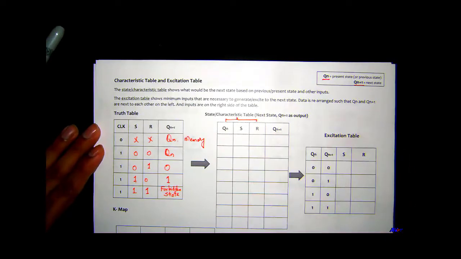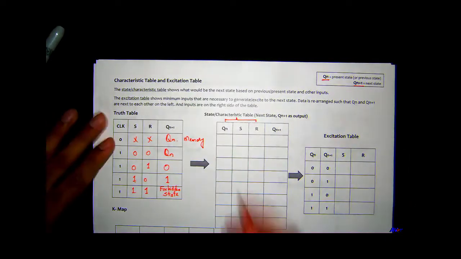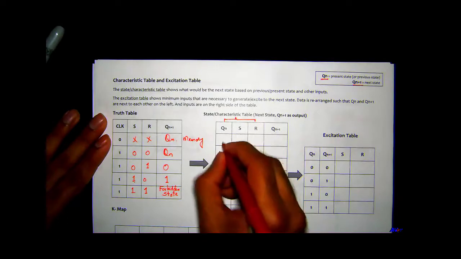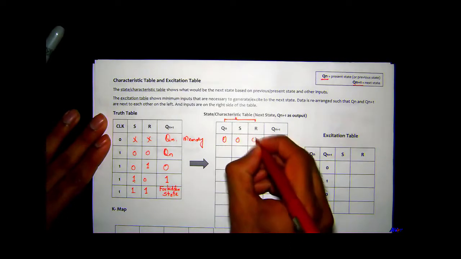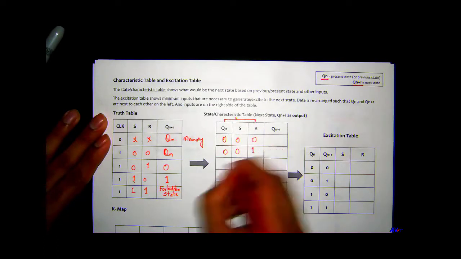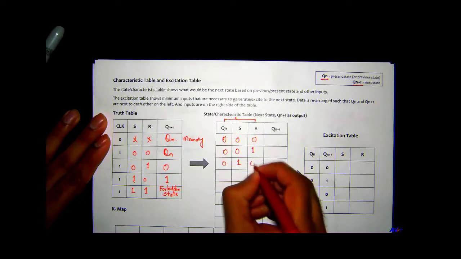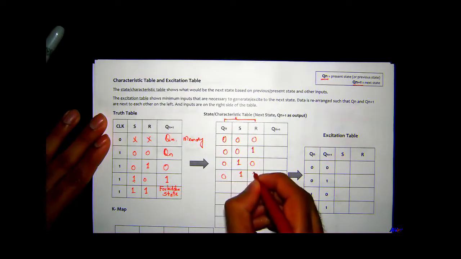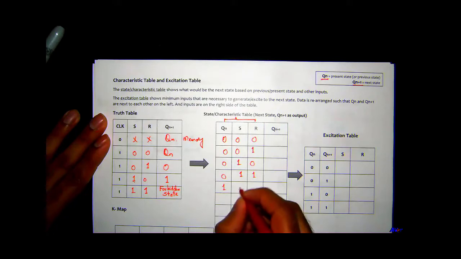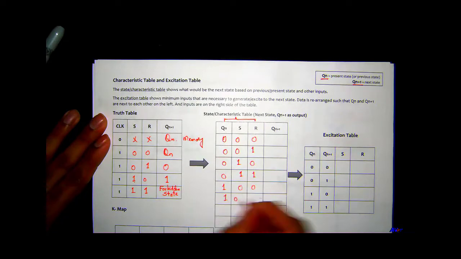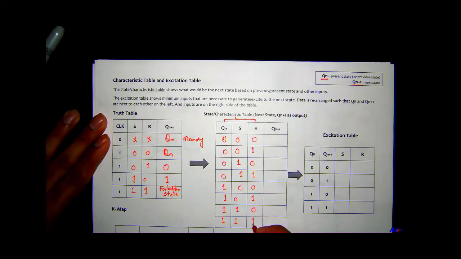For 3 inputs, we have 8 possible combinations: 0, 0, 0, 0, 0, 1, 0, 1, 0, 0, 1, 1, 1, 0, 0, 1, 0, 1, 1, 1, 0, and then 1, 1, 1.